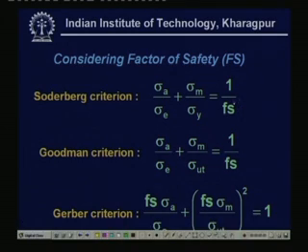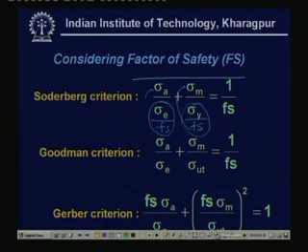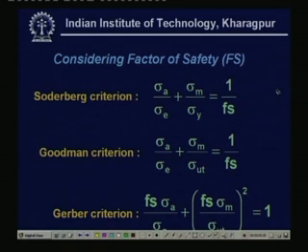Suppose we consider F s over here and F s over here; that means the material property is reduced by a factor of safety. So this factor of safety comes over here, and if you divide by the factor of safety, ultimately you get a relationship of this nature.